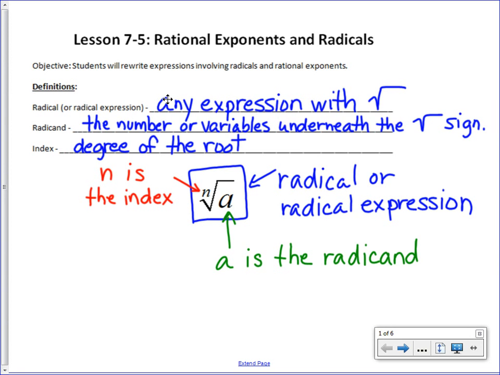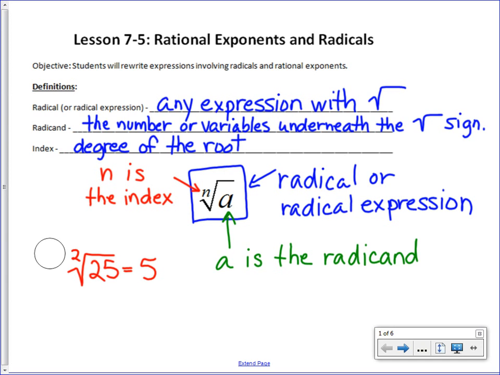Now, in a square root, such as the square root of 25, we know that we're looking for a factor that multiplied by itself gives you 25. So we can put a 2 there. 2 is the degree of the root because we're looking for two factors multiplied together to give 25, but we don't show it.